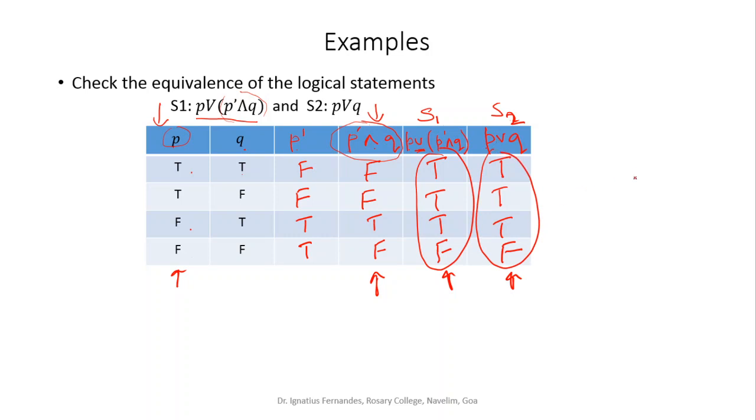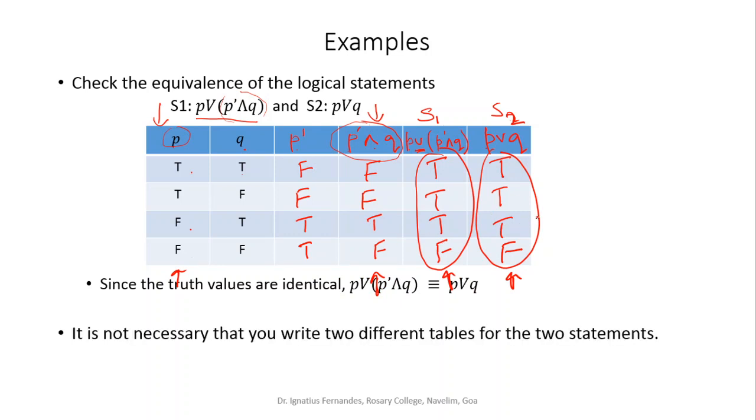What I did now is, instead of writing two different truth tables, I wrote down both of them in the same truth table. To save time, this is exactly what you can do. Since the truth values are identical, both the statements are equivalent. It is not necessary that you write two different tables for two statements.